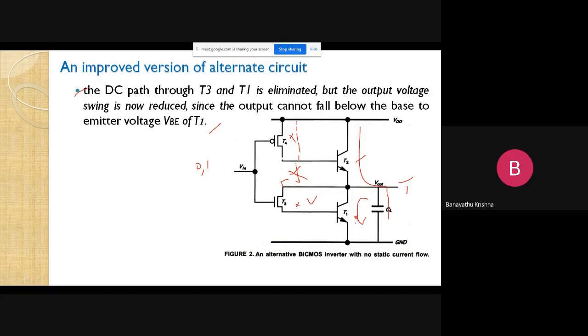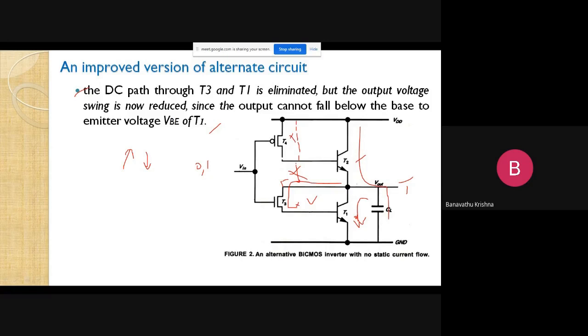Then the output will be discharged to ground. Here also one more problem occurs. This is the output voltage swing; the output response is going to increase or decrease, and that is the swing.